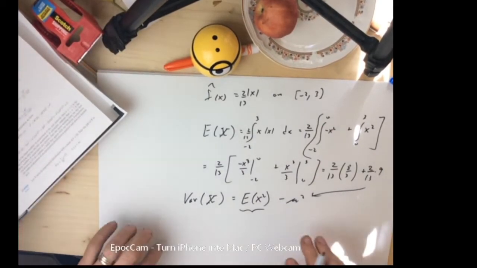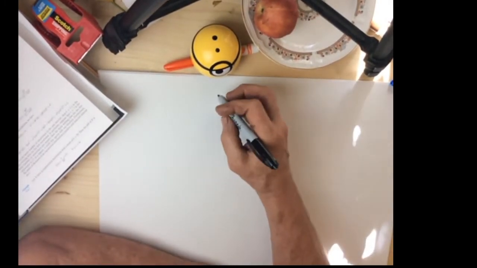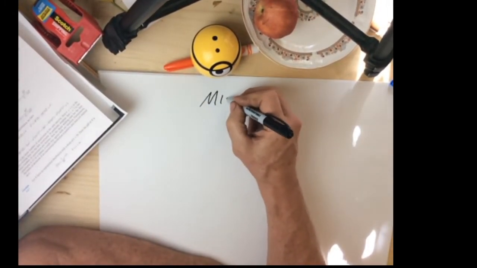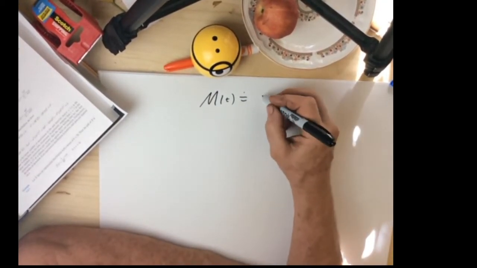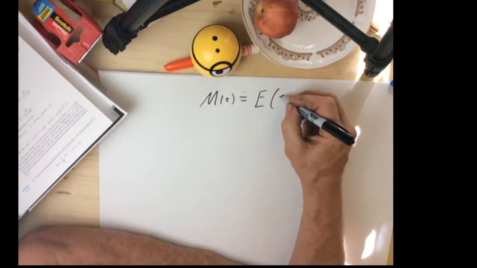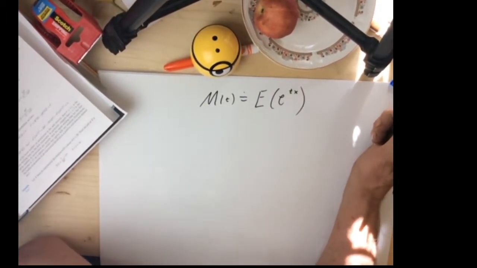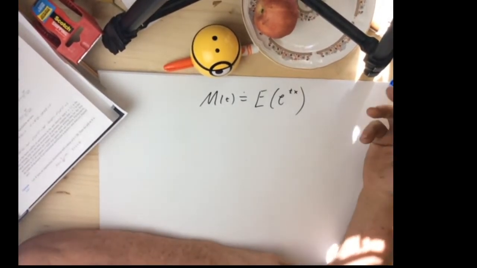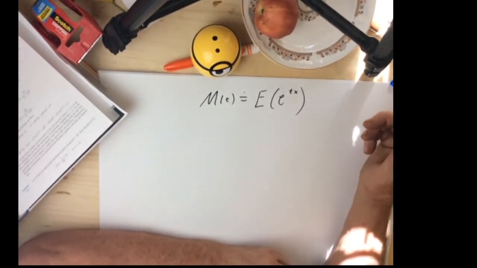So now, since one of the things I really harped on and liked was the moment generating function m of t, it seems to me that we should be able to do the same process, the expectation of e to the tx with continuous functions. Now, unlike the discrete case, you have to be able to successfully integrate these things in order to calculate the moment generating function.